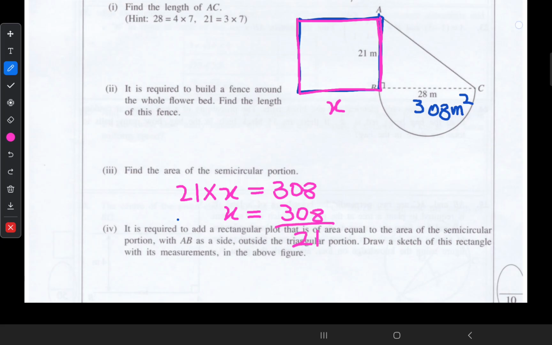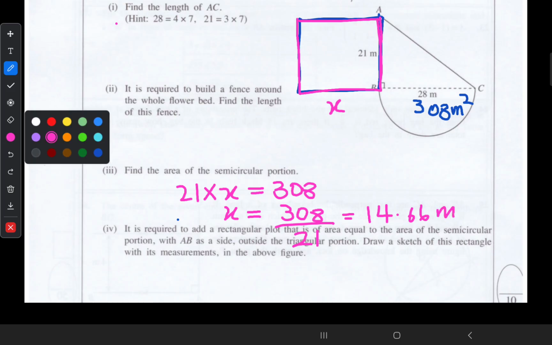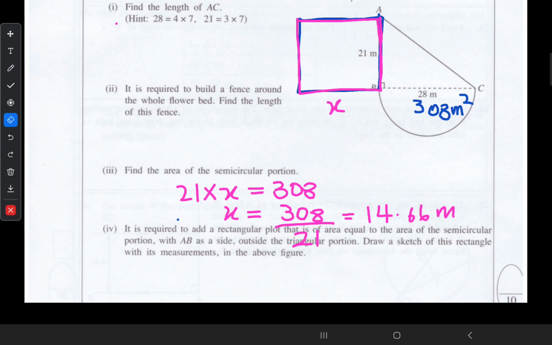So 308 divided by 21 is 14.66 meters. Then we will replace this x with 14.66 meters. This is the way you have to construct the sketch of the rectangle for this question.